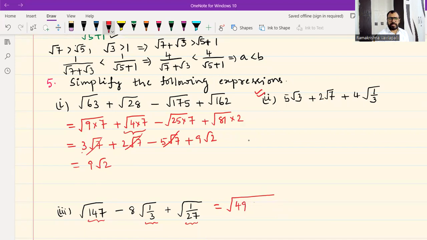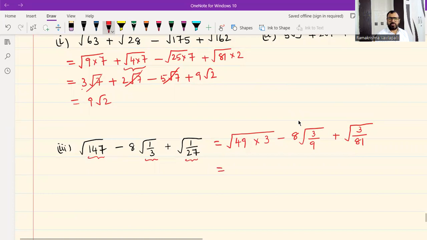This is 49 into 3, minus 8 into root over 1 by 3, where inside the root you multiply by 3 and divide by 3, so you will get 9 here. Plus this is root over 1 by 27, multiply by 3 in both numerator and denominator, so root over 3 by 81.